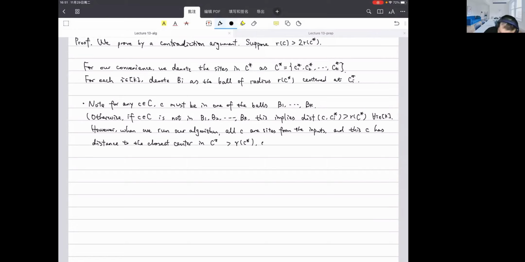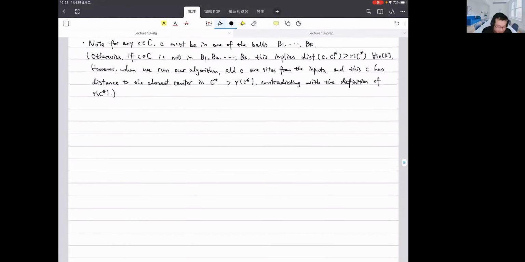This contradicts the definition of RC star. So this is the reason for the first point: for any small c in the capital set C, the output of our greedy algorithm, c must be in one of the balls B1 until BK.